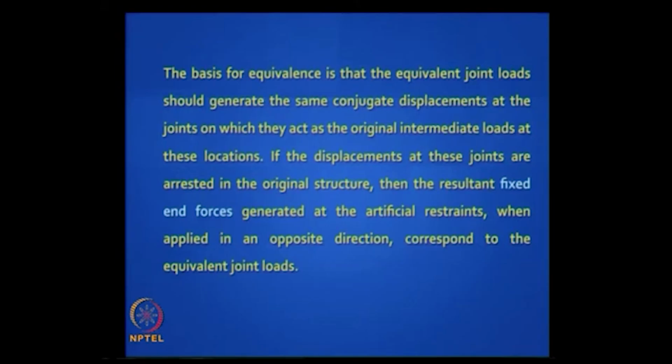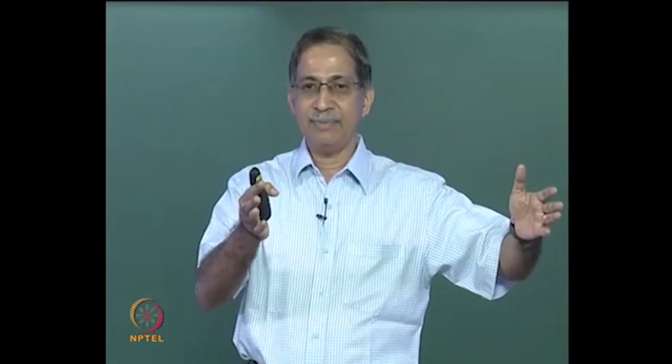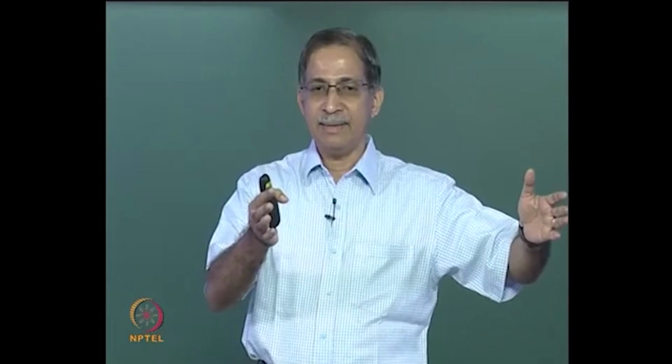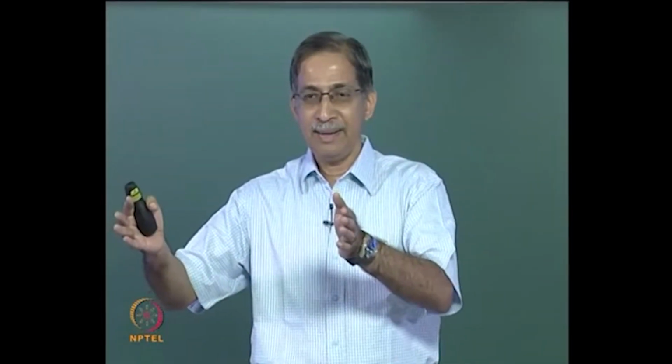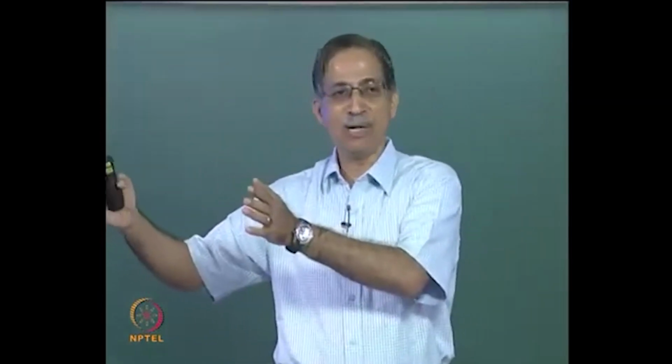Remember, I have shown you this earlier, you have an original structure and you have first a restrained structure where you arrest all the degrees of freedom, and then you have a structure in which you apply nodal loads.